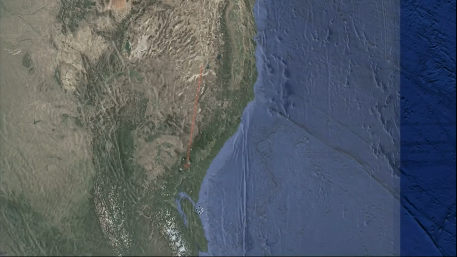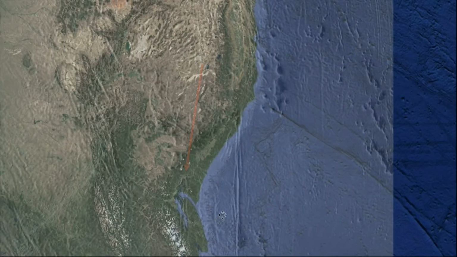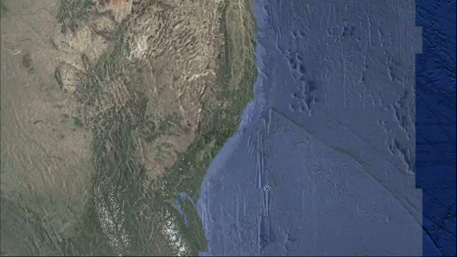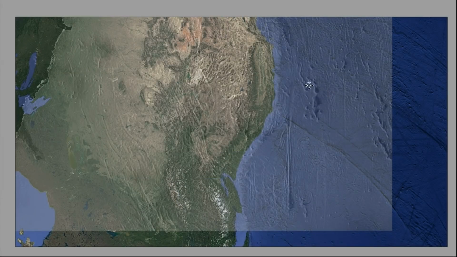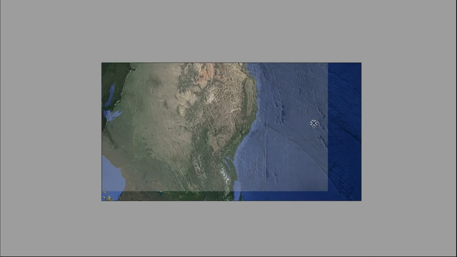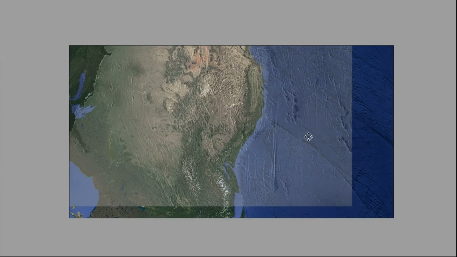And then, of course, if it fits there, it's going to fit here, too. And these are the same features that played off of Italy. It's because all the features on our planet came from a small area, and it grew out. But let me show you something amazing and revealing about the coastline here.